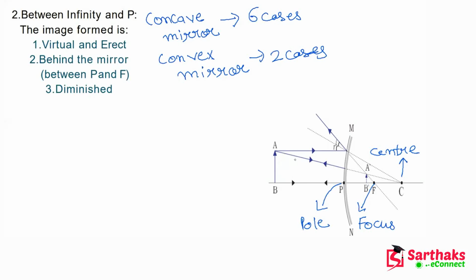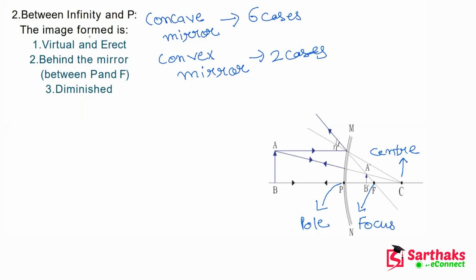Now we place this object anywhere in front of the mirror. I haven't fixed the distance, it can be anywhere. In the previous case, we placed the object at infinite distance, but now it can be anywhere.